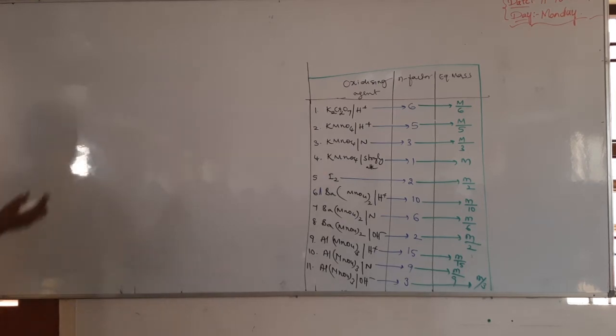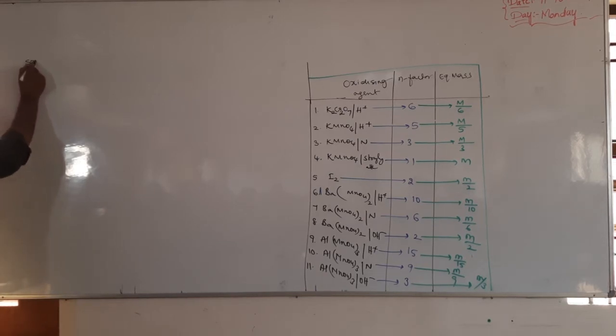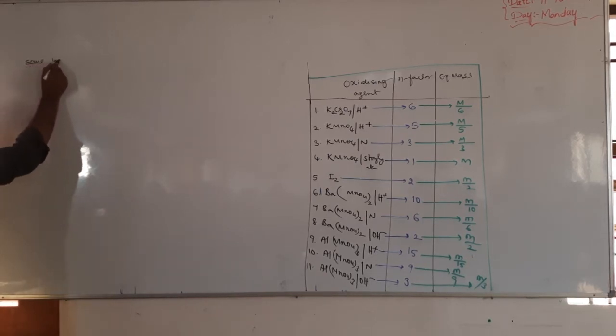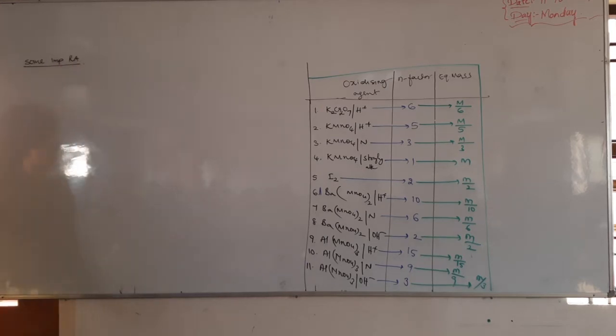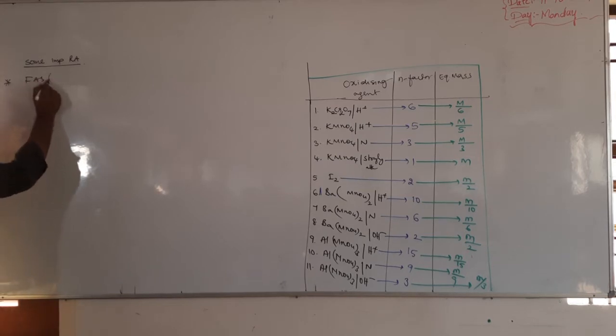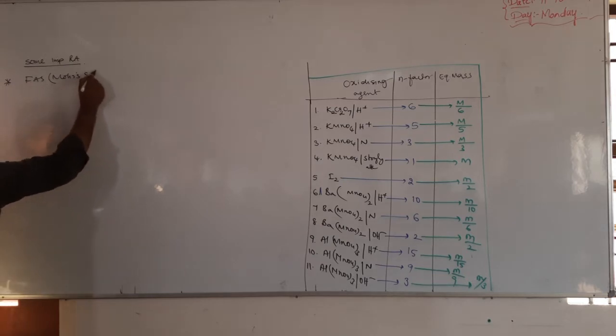Next, reducing agent. Some important reducing agents. Tell me, which is the first reducing agent? Ferrous ammonium sulfate, FAS, which is also called Mohr's salt.